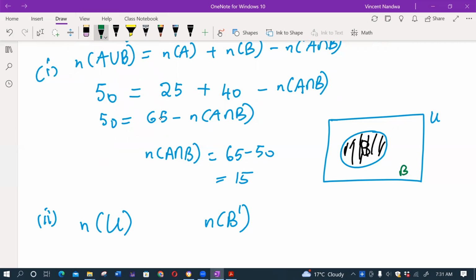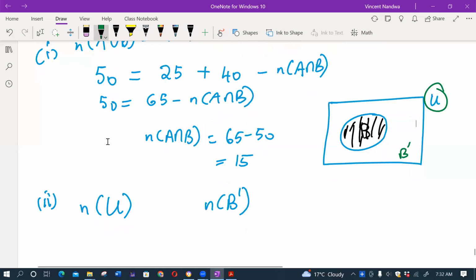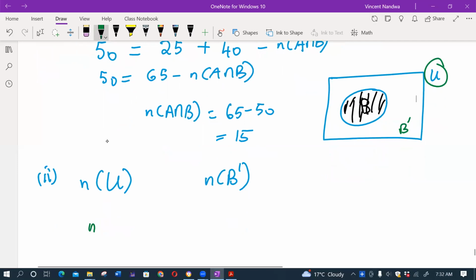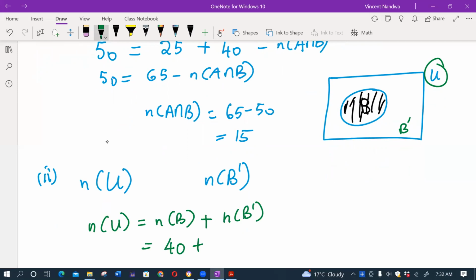So if I take what is in B plus what is in B complement, I get the total number of elements in the universal set. So the cardinality of the universal set is simply cardinality of set B plus cardinality of B complement. Cardinality of B is given by 40 plus cardinality of B complement is 25. So this gives us 65.